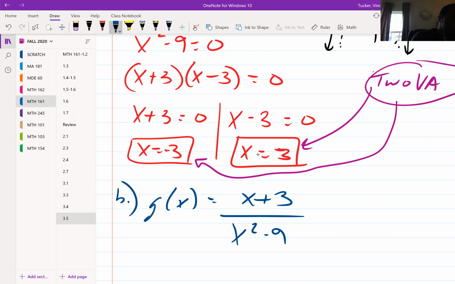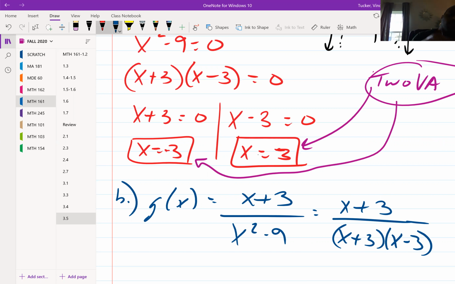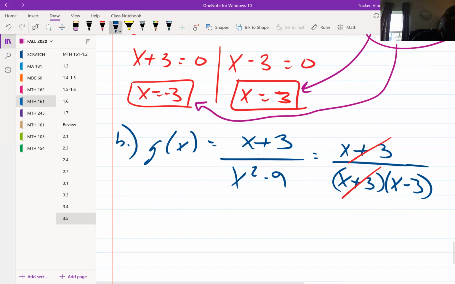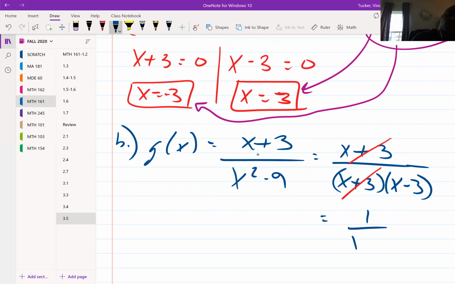All right, so here we have x plus 3 over x squared minus 9. Remember I said simplify as much as possible first. So if I were to factor that denominator, we see that the quantity x plus 3 will cancel, leaving me with 1 over x minus 3.